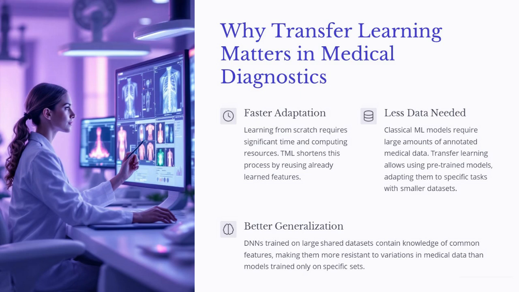And then we work with smaller datasets, and transfer learning methods make the model more adapted for some special sets and special tasks, from the big to the small, making it more generalized.